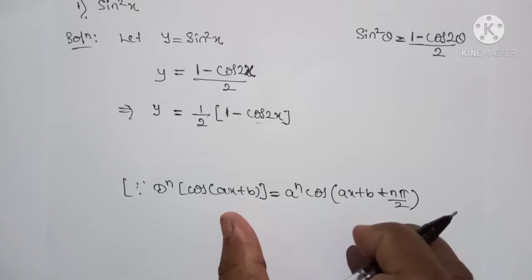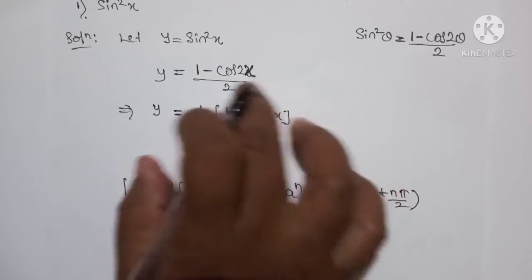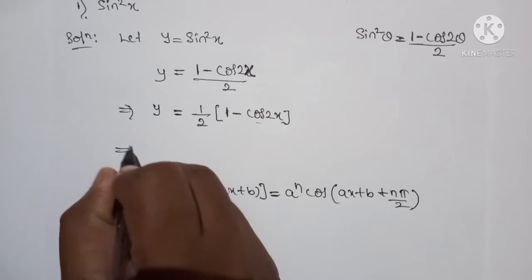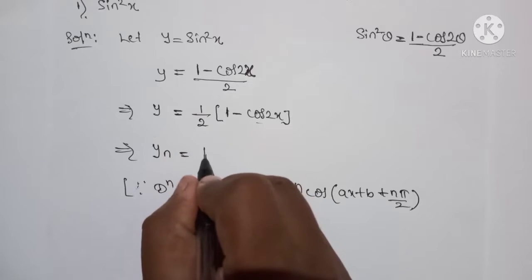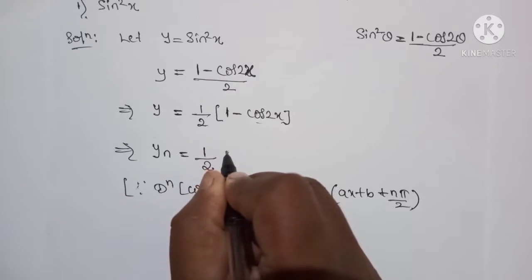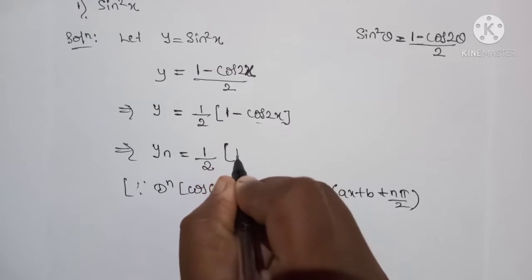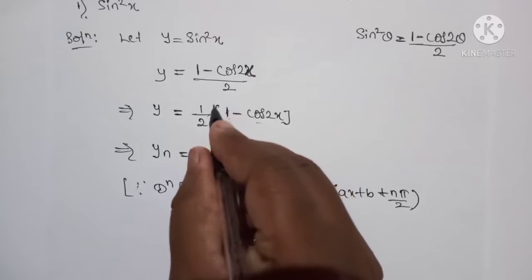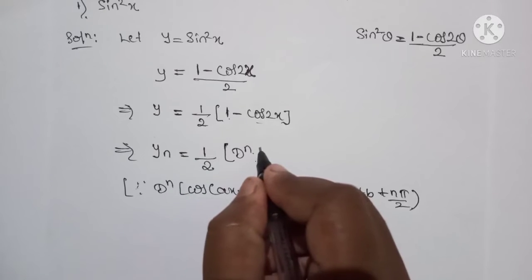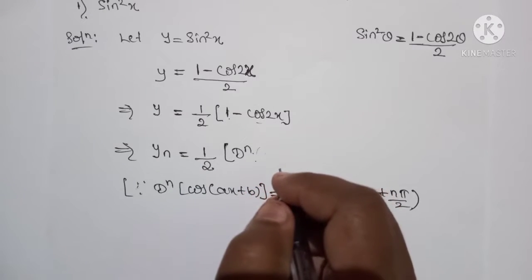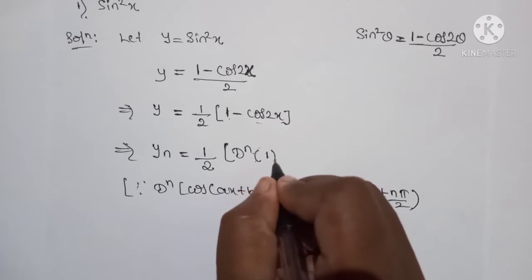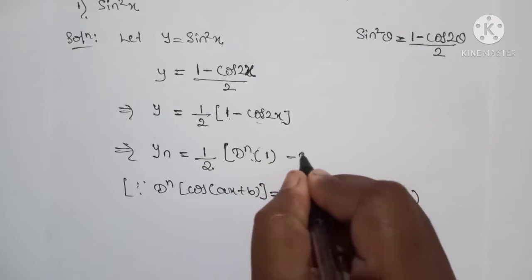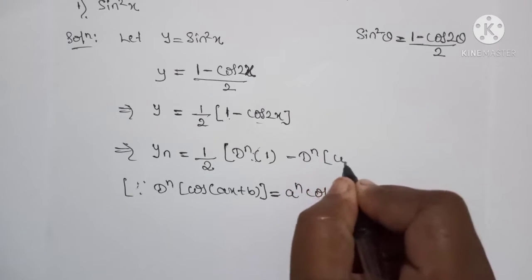Using this formula we can find the nth derivative of the given function, which is 1 by 2, a constant, times the nth derivative of 1 minus the nth derivative of cos 2x.